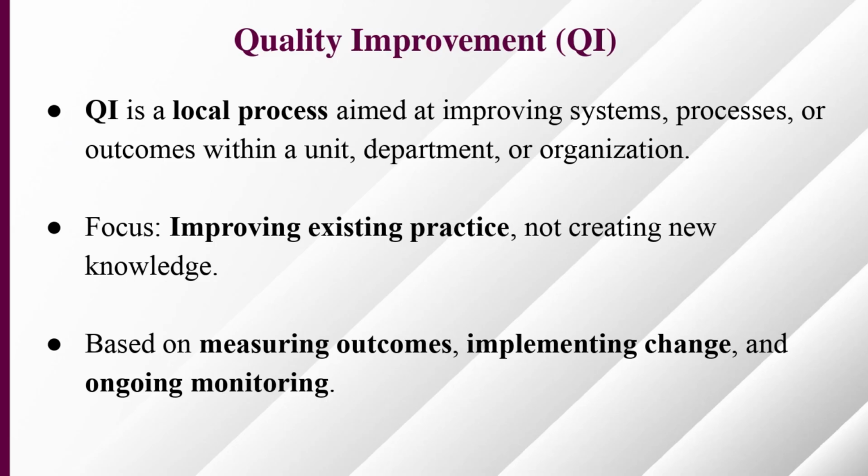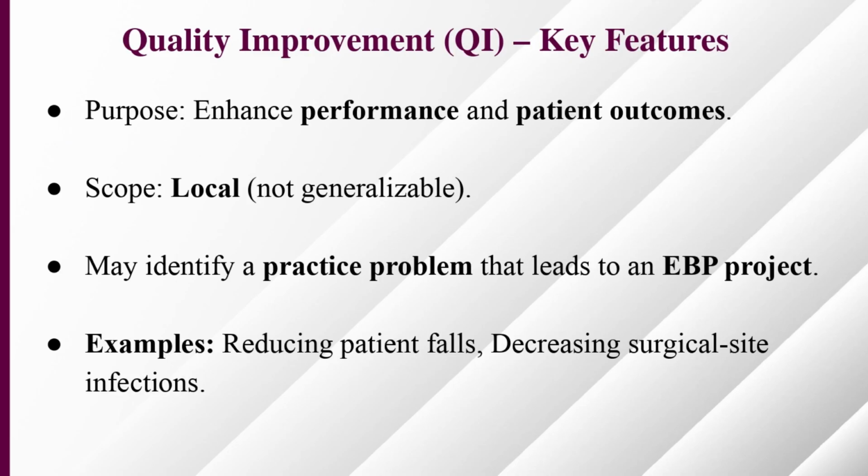Now, when we move to the key features, remember quality improvement is about making sure that there are no delays. We have efficiency, and there is better performance. You get the best out of the resources that you have, whether it is human resources or whatever resource you can have in a unit.